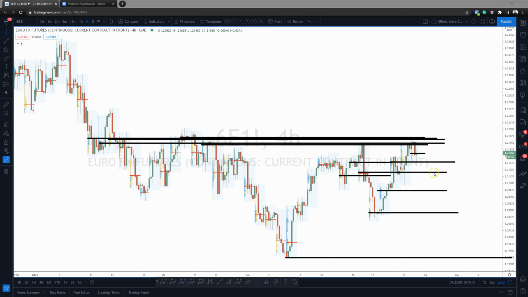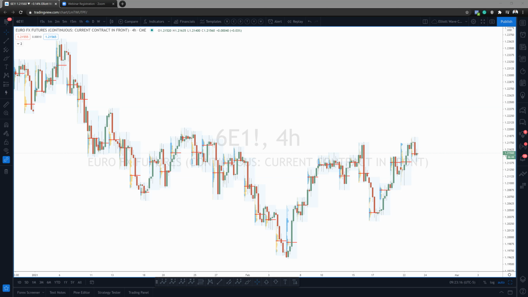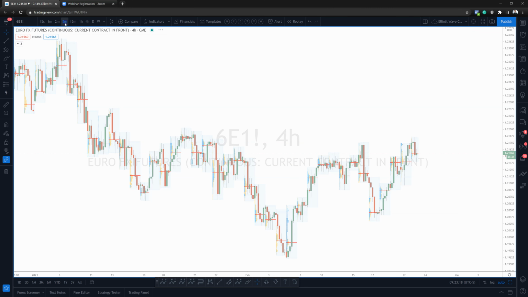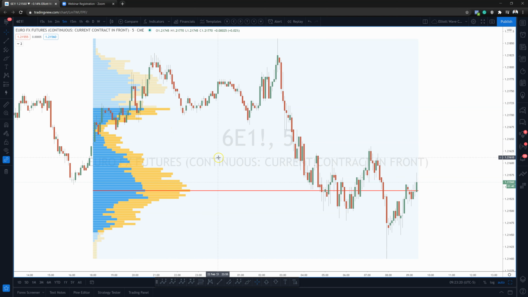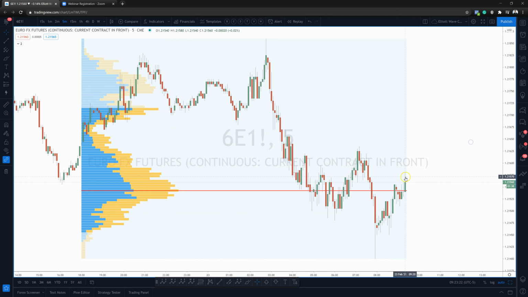All right, and once we have the completion of the corrective wave 2, we're going to short, but there is more. Let's go to a lower time frame. Let's go to the 5-minute chart, because I want to show you something really interesting here.